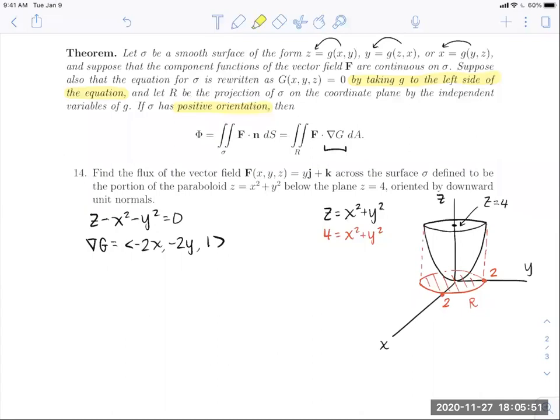However, there was an important statement here that this paraboloid is oriented by downward unit normals, right? So here's our unit normals. All right, so what are we to make of this? If it's going downward, that is a negative orientation. This is bad. So to take care of this, we're going to use the negative gradient. So let's make a note.